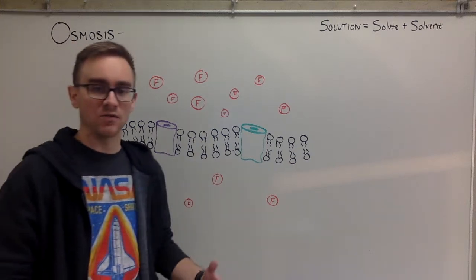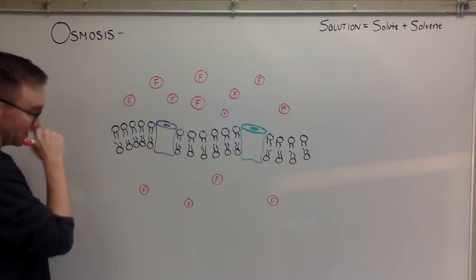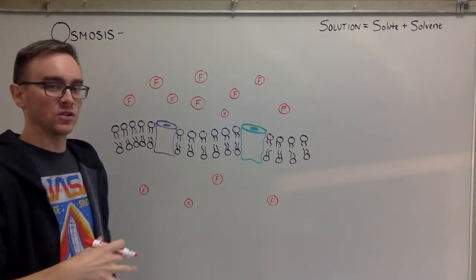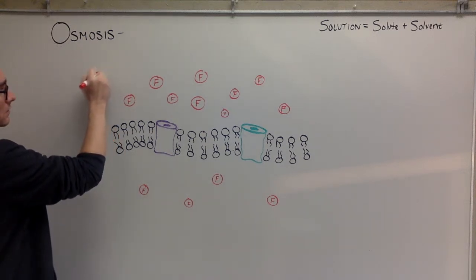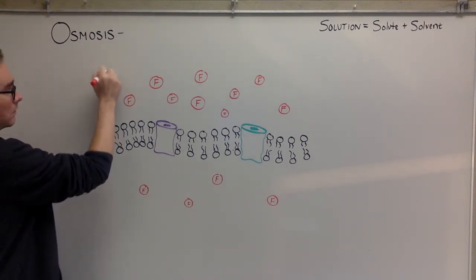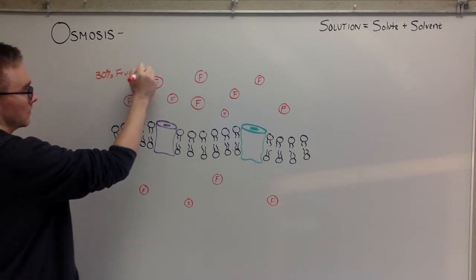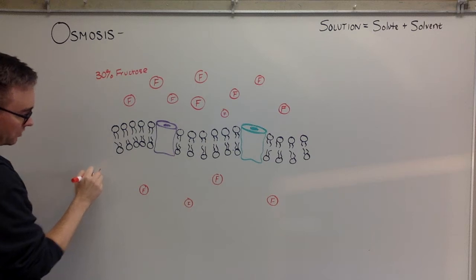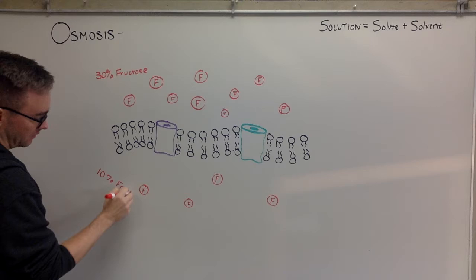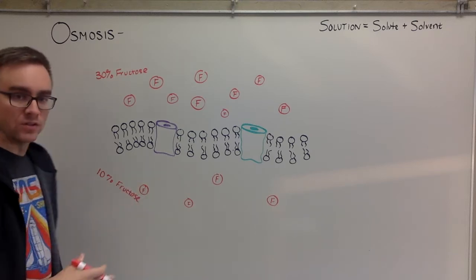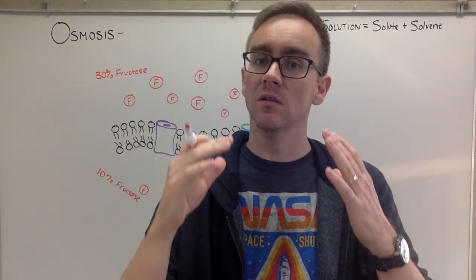So what we're talking about right now is we have things inside the cell and outside the cell. Let's say outside the cell is now a solution that is 30% fructose. And inside the cell, I have a solution that is 10% fructose.